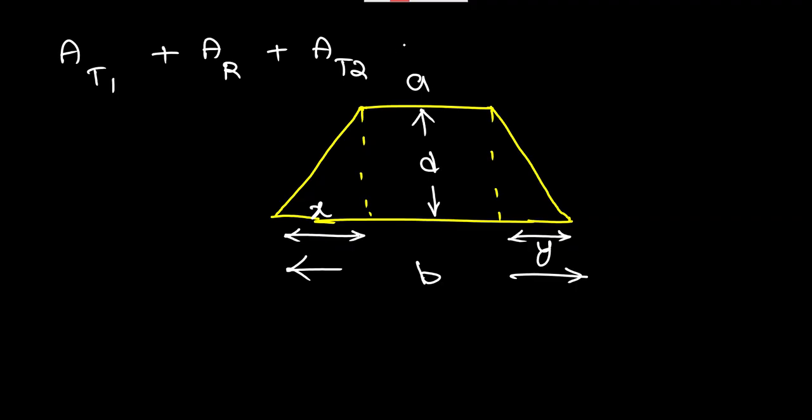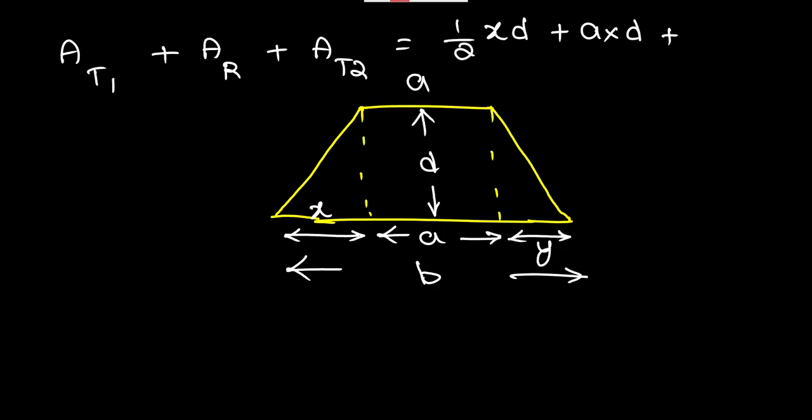What is the first triangle's area? Half into what is the base? X. Height is D. Next, the rectangle. This is A only, my dear. A into D. Super.